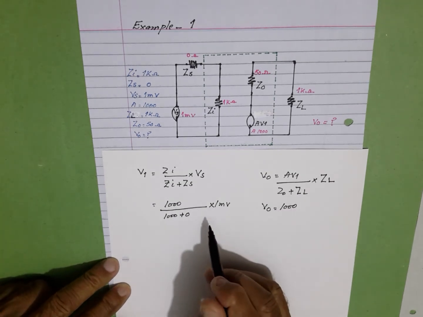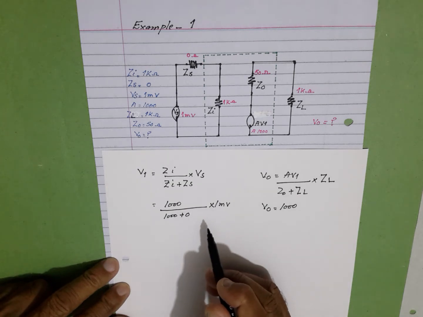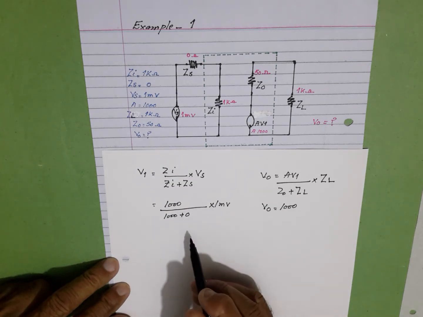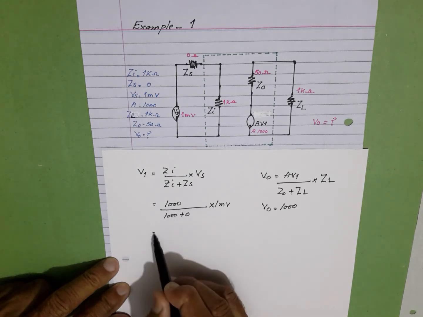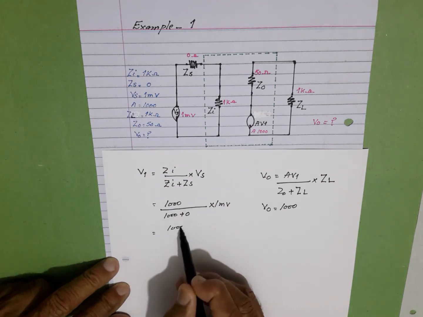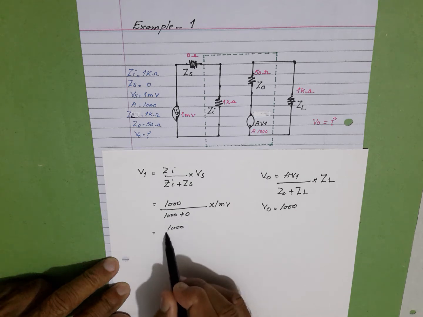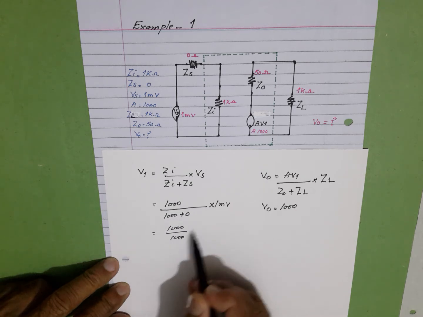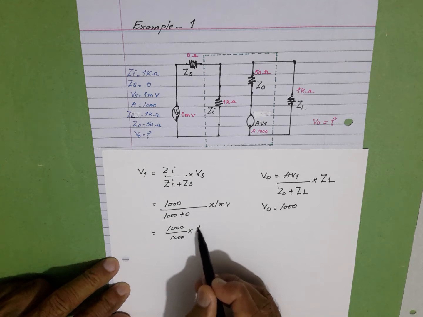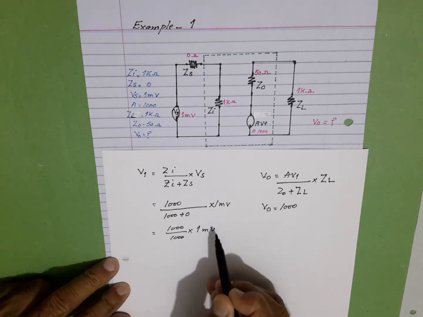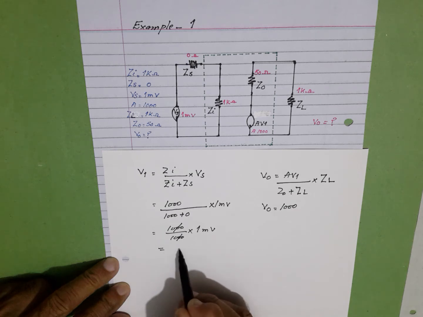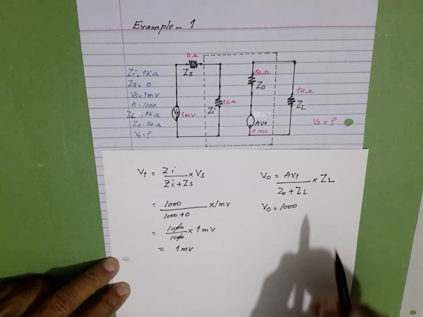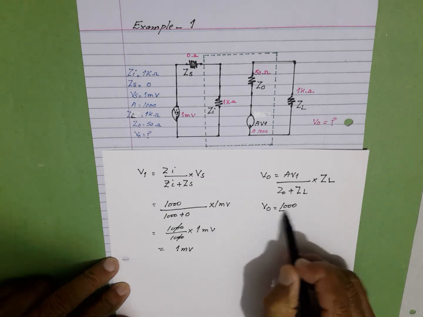We have to first find out V1. So we come to V1. This is 1000, and 1000 plus 0 is 1000, multiplied by 1 millivolt. This 1000 cancels with this. V1 is equal to 1 millivolt.